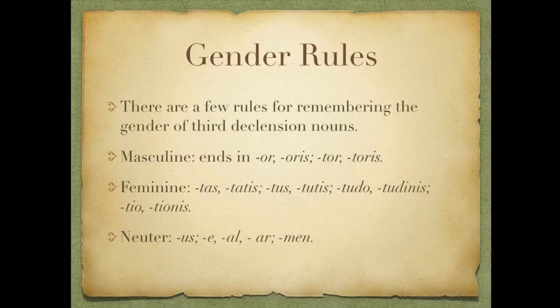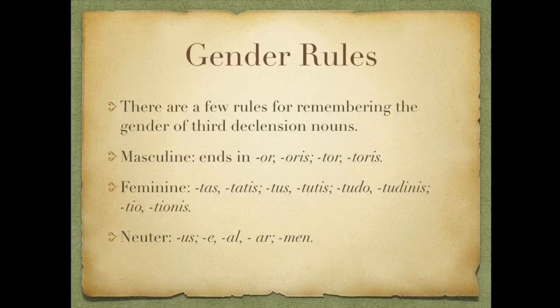If a third declension noun ends in -or, -os, or -er, it's usually masculine, with very few exceptions. Feminine third declensions very commonly end in either -tas, -tus, -tudo, or -tio, -tionis. So if you see those endings for third declension nouns, most likely it's feminine.